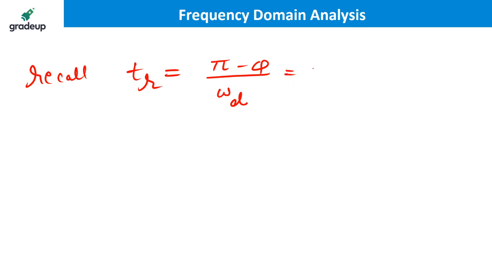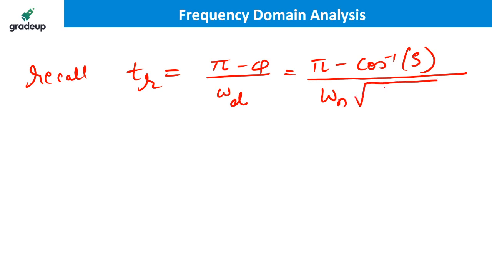That is equal to pi minus phi, where phi is cos inverse of zeta because zeta is cos phi, divided by omega d, which is omega n under root 1 minus zeta square. Once again here, if I treat zeta as constant, the numerator pi is constant, cos inverse zeta is constant, and in the denominator 1 minus zeta square is also constant.